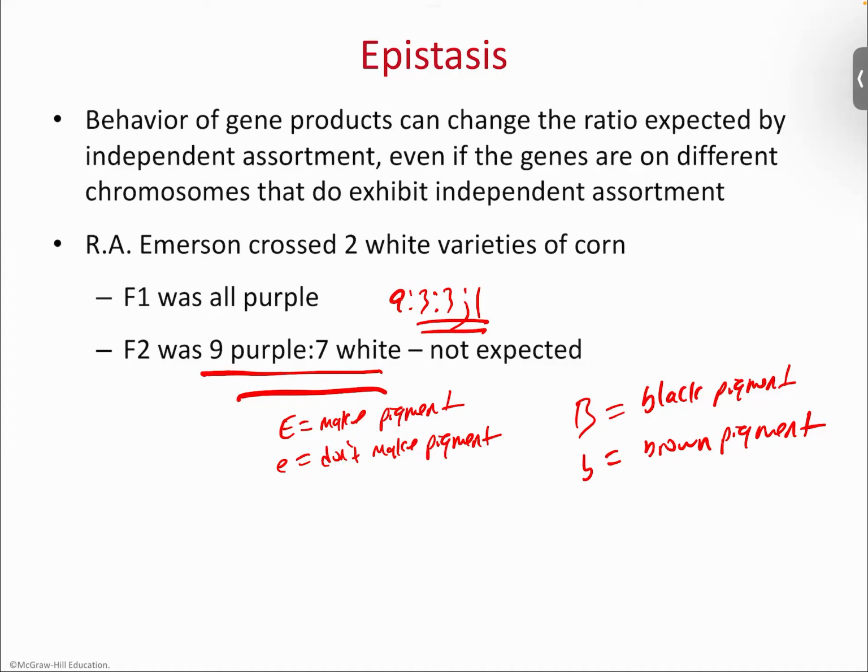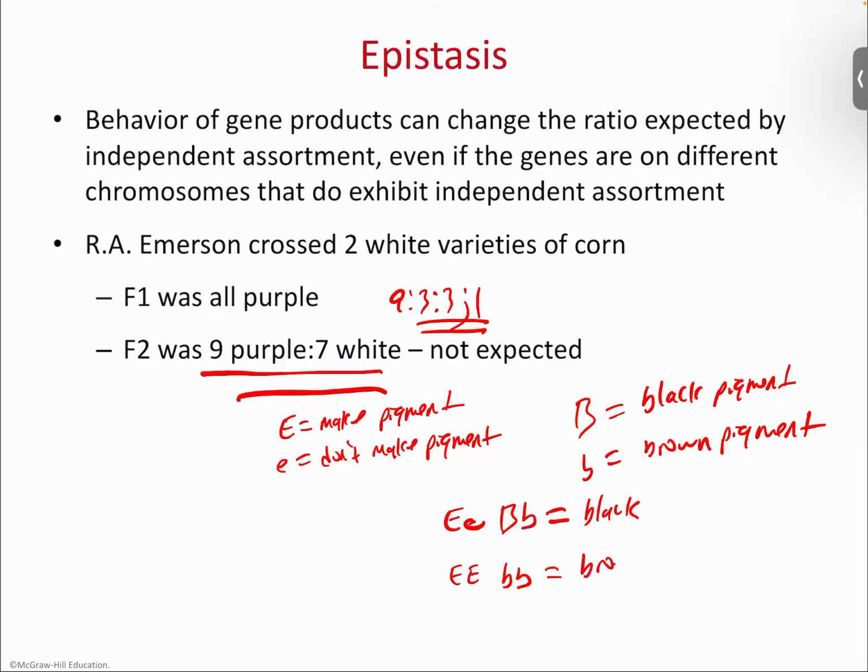So if I take an individual that looks like this, and the epistatic gene looks like that, what color will that be? So this will make black pigment. If I have this, what color will this one be?